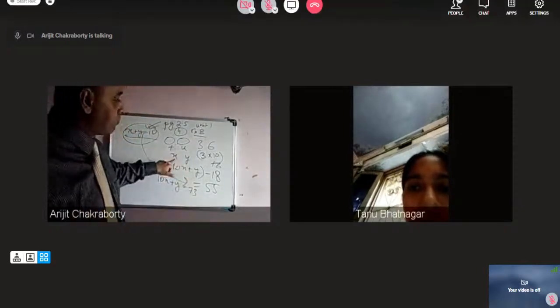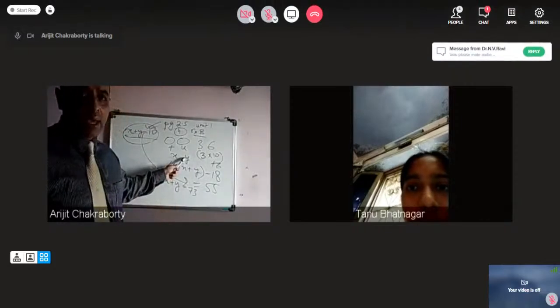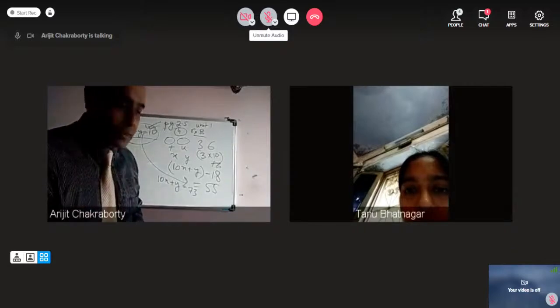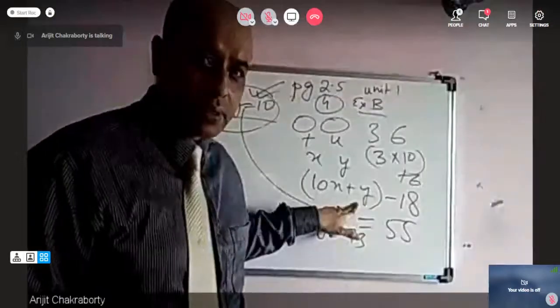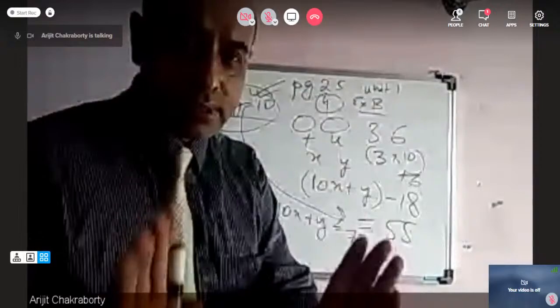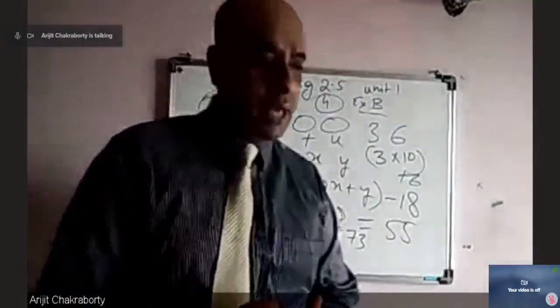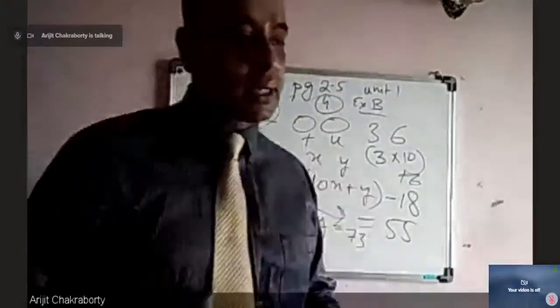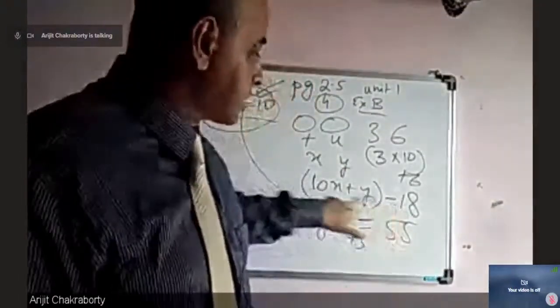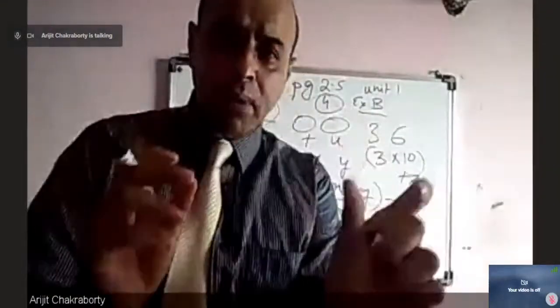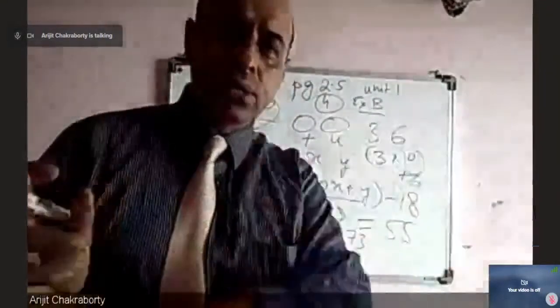The original number has y in the unit place and x in the tens place. So how to express the number? 10x plus y. I think this is okay, you are following it. Once you have 10x plus y, the problem says that if 18 is subtracted from the number, we get a number whose digits are equal.